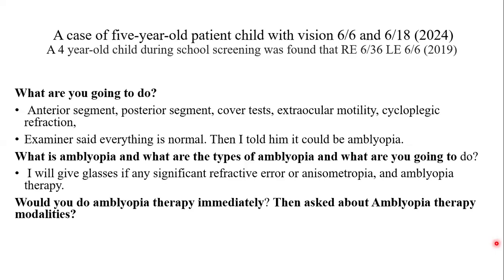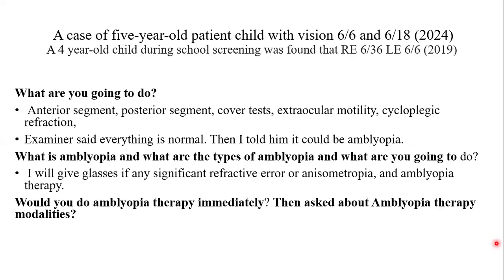Actually, 25 to 27% of the children's amblyopia will improve only with refractive correction without any patching therapy. So usually you can start by giving the refractive correction and wait for 2 to 3 months. Then you will reevaluate the child. If amblyopia still persists, then you can start patching therapy.